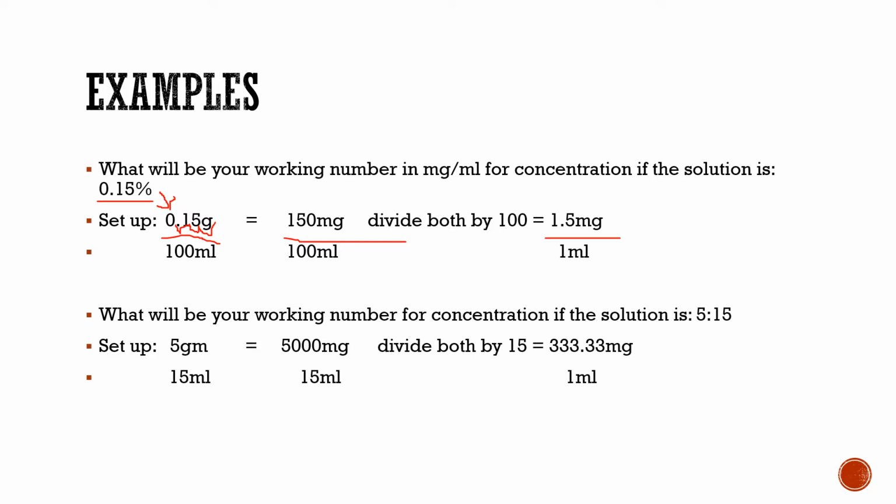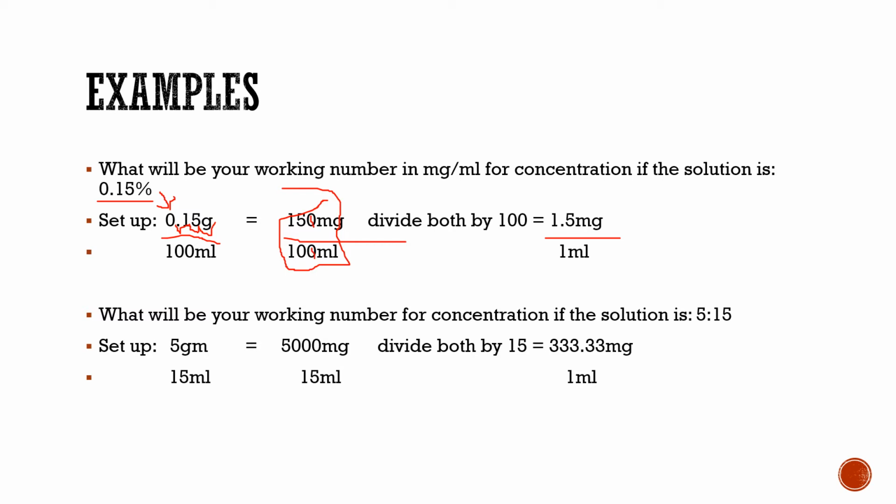And then your 100 mils is going to stay the same. And then what we need to do with this is divide both the top and the bottom by 100. So if you take 150 and divide it by 100, or knock out at least 1 zero, then you have 15 divided by 10, so that's 1.5.